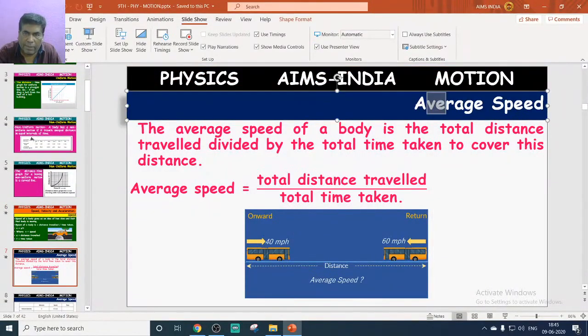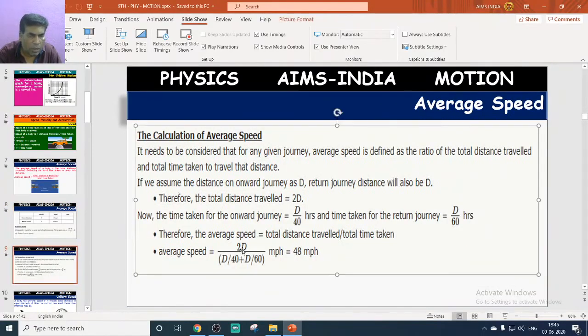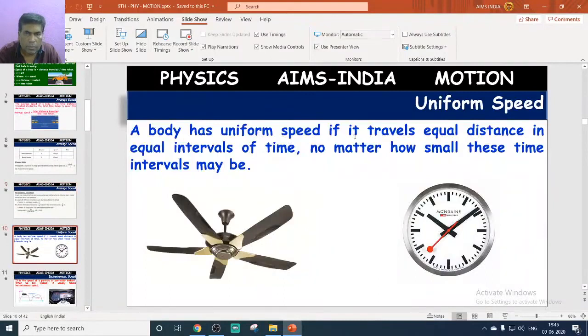Next, what is average speed? We should not calculate it like this. This is wrong. How to calculate average speed? Total distance by total time. Like that we have to calculate. Uniform speed: the blades of a ceiling fan and the hands of a wall clock show uniform speed.